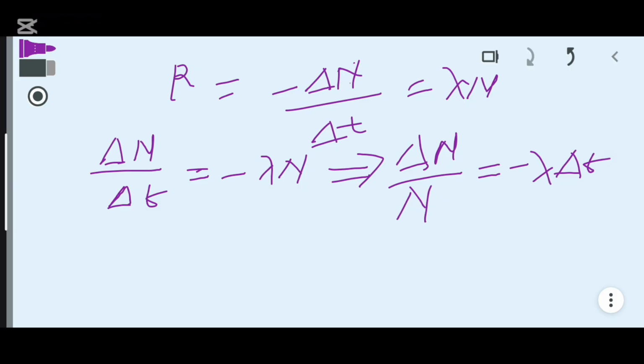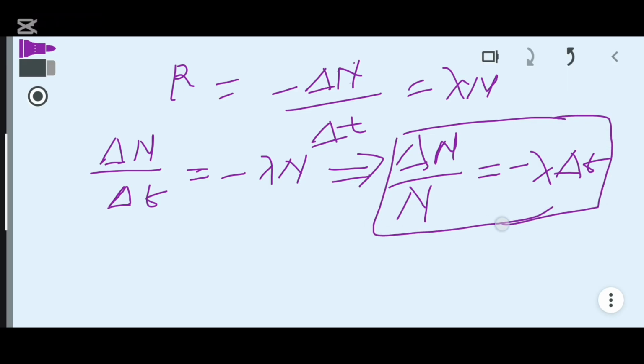So we are going to integrate this equation. We integrate the first side, giving it a limit, and integrate the second side.